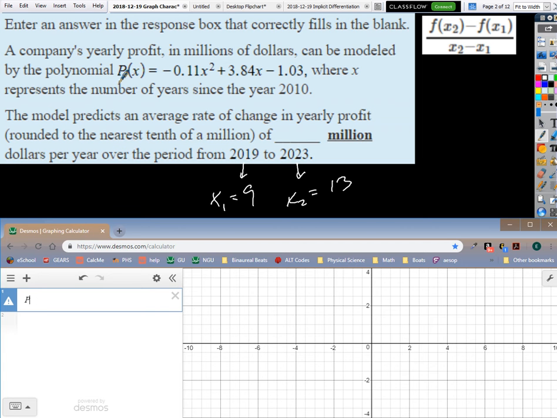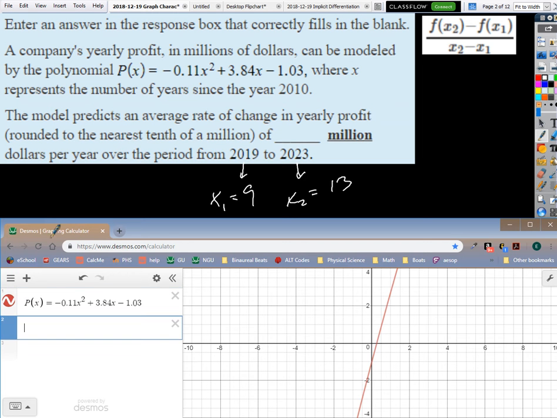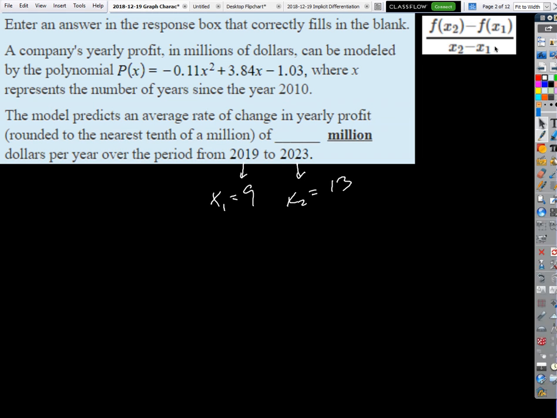So P of x equals negative 0.11x squared plus 3.84x minus 1.03, okay? And then we're literally just going to do this, right? We just literally want to do that to it, okay?